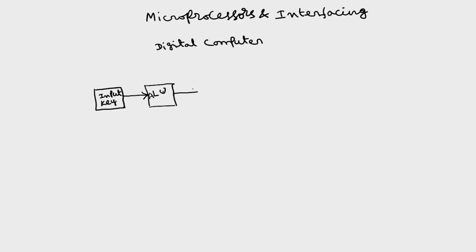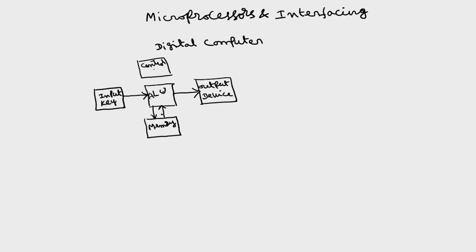Then to store the results, we require some output device. And you can store the programs in the memory. And you require some control logic to control all the operations. The combination of this ALU and control logic is called a microprocessor.